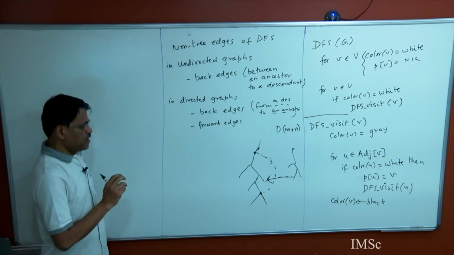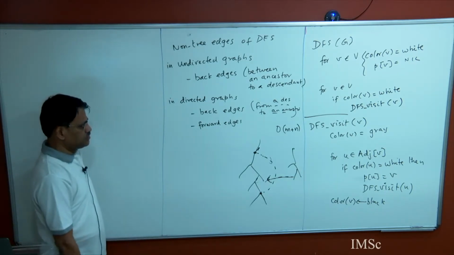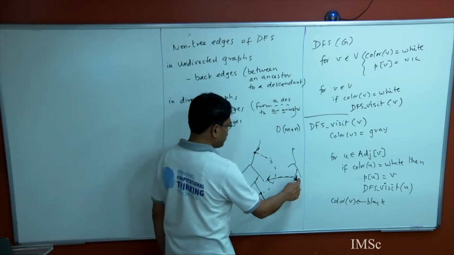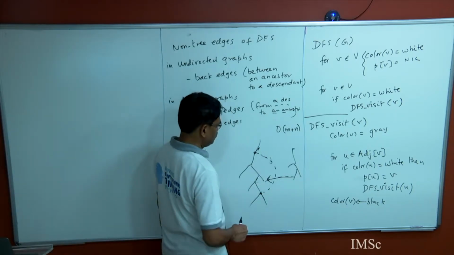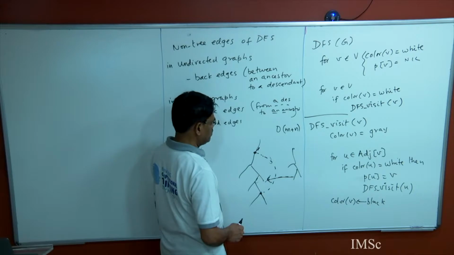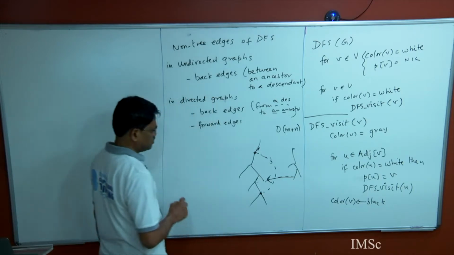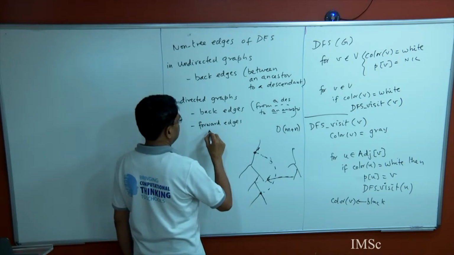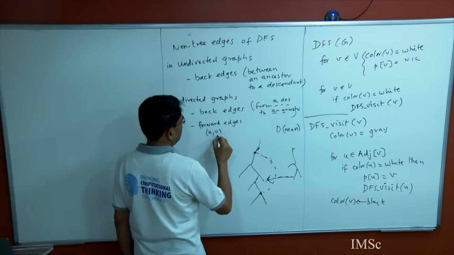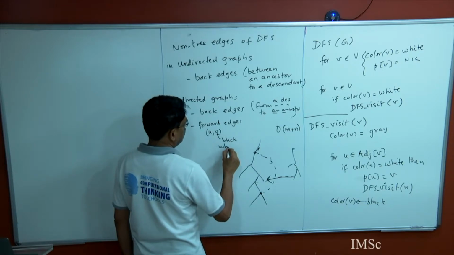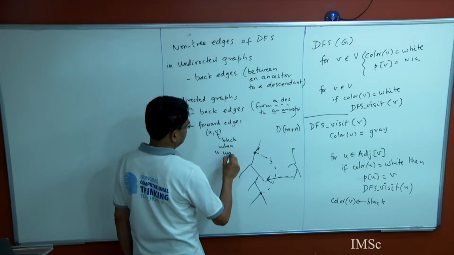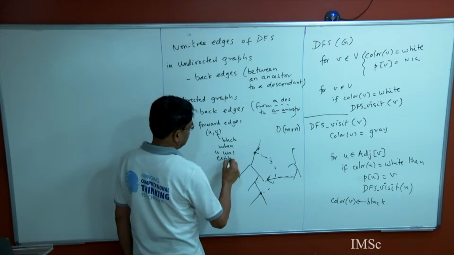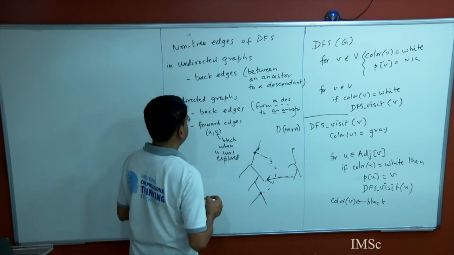So when you are exploring, this is already black. An edge UV where V was black when U was explored. So there are two types of this kind.